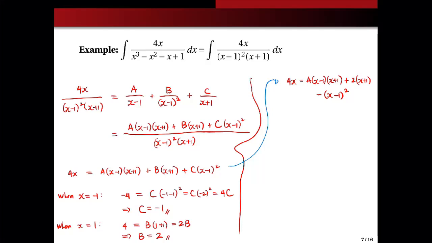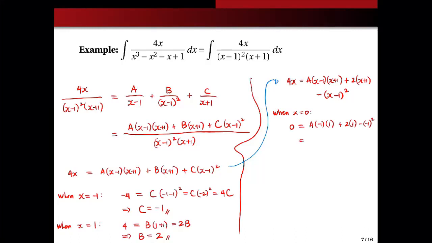Let's just use x equals 0. When x equals 0, left-hand side, that's just 0. For the right-hand side, we have here a times negative 1 times positive 1 plus 2 times 1, okay, minus negative 1 squared.